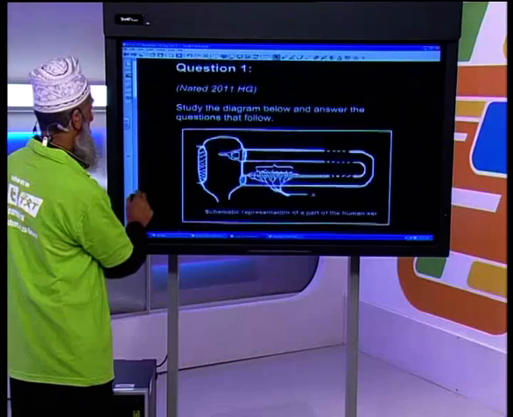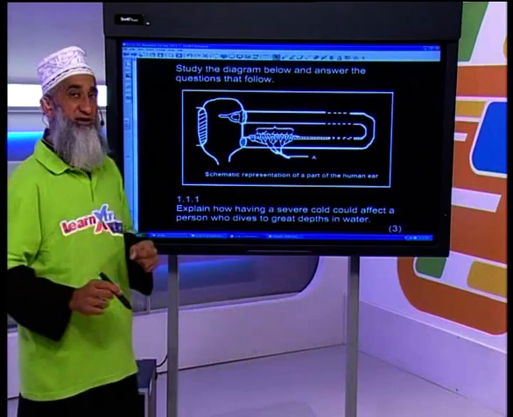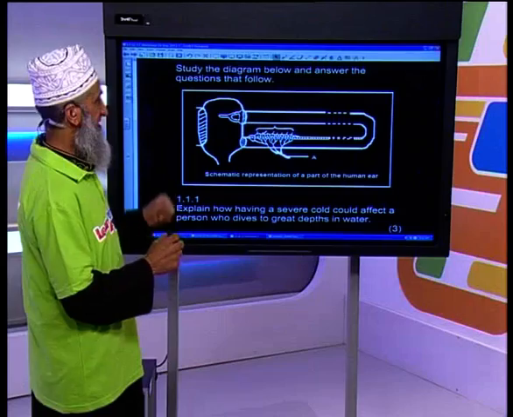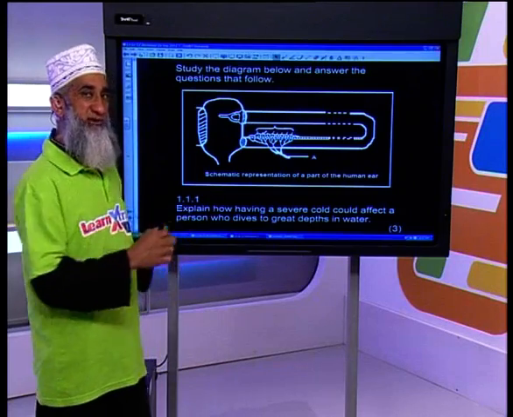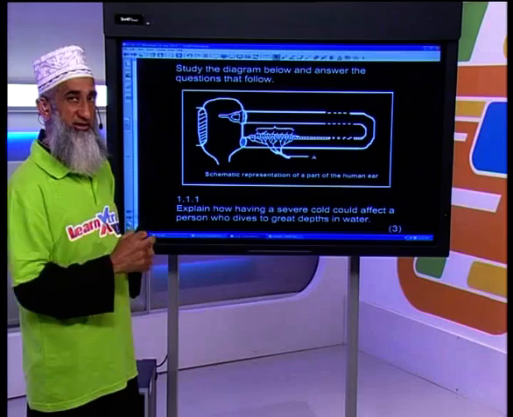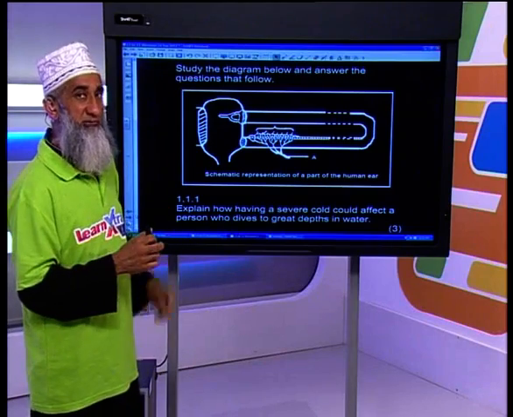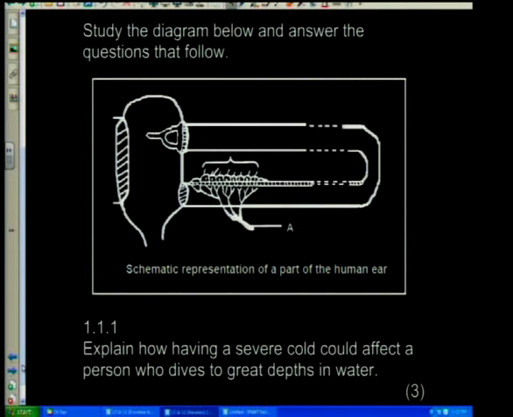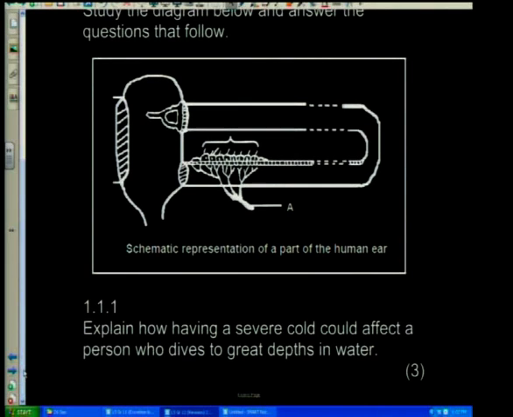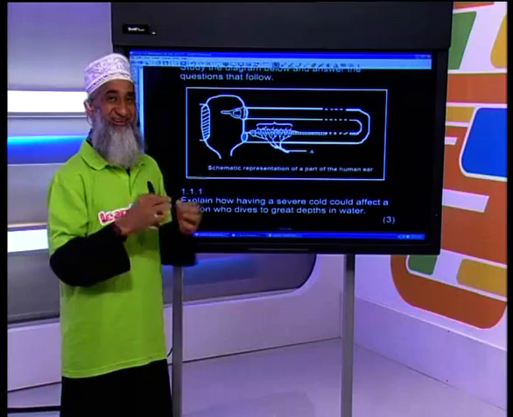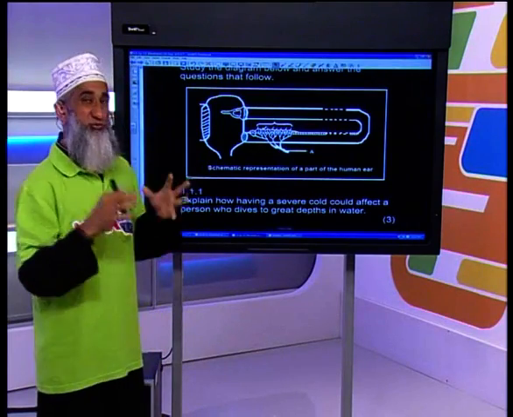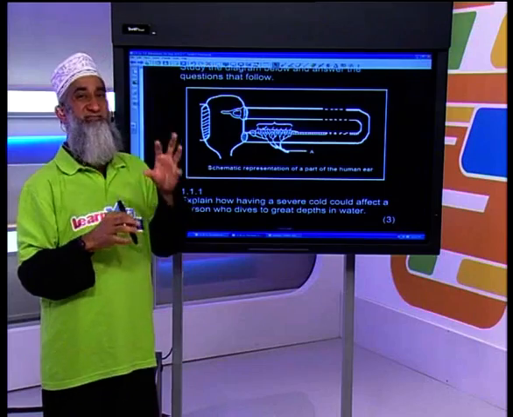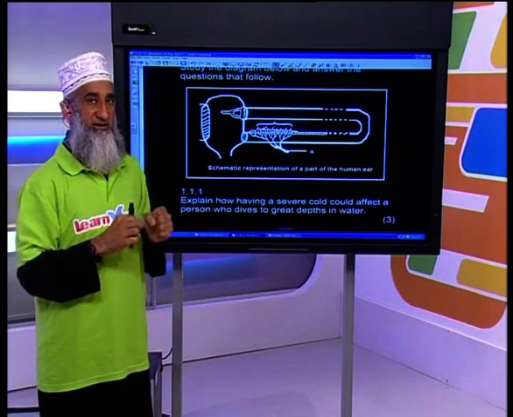We're taking off from where we were last week, and we felt it was important to round up some of the stuff on this diagram that makes it easier for you to learn your work. The question says, study the diagram below and answer the questions that follow. It gives you a schematic diagram of the inner ear. Remember, when you see the cochlea, you see it like a snail's shell in a model.